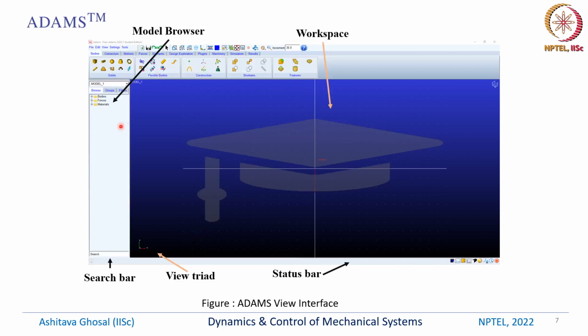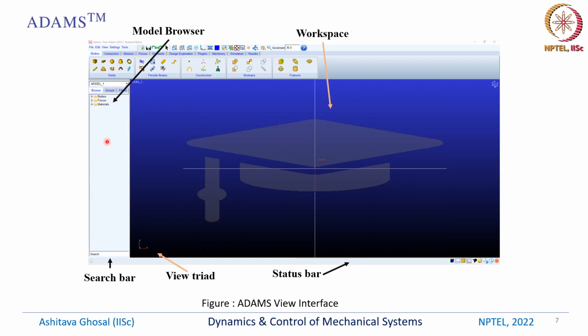So this is what the workspace of Adams looks like. There is an X and Y axis, there is a status bar, there is some triad which tells you, it is not really visible, but once you open Adams you will see that there is an X, Y and a Z axis, and then there is a search bar. On the left hand side you can see that there are bodies, forces and material.